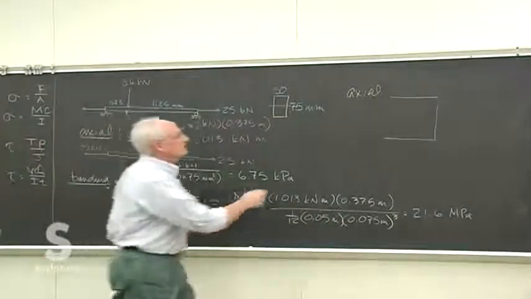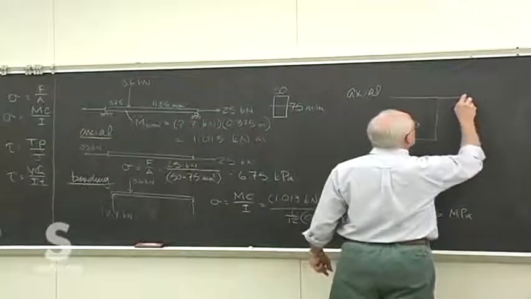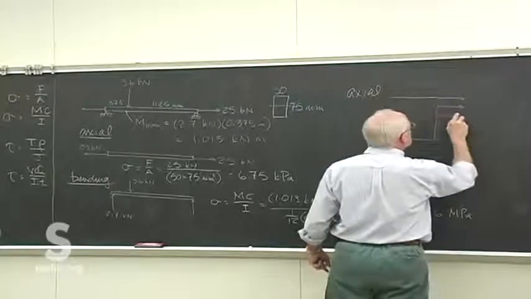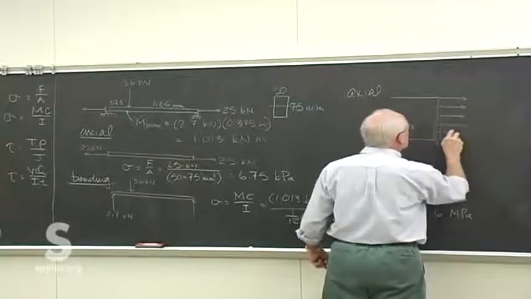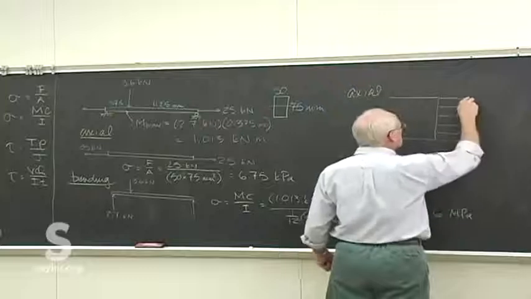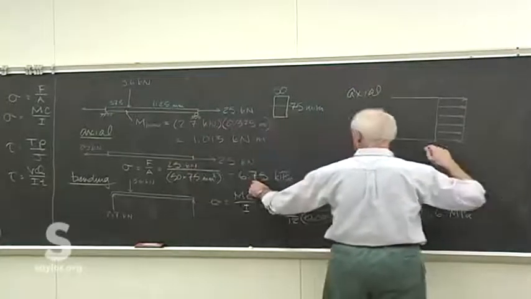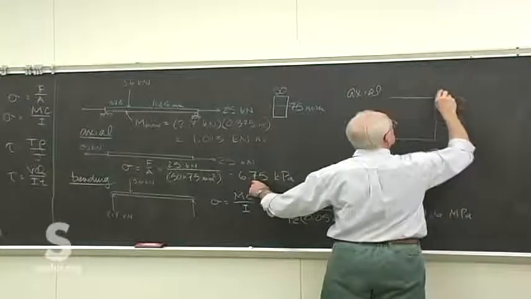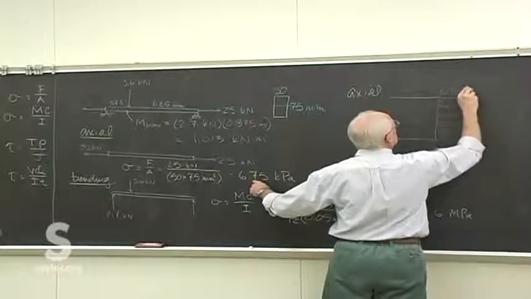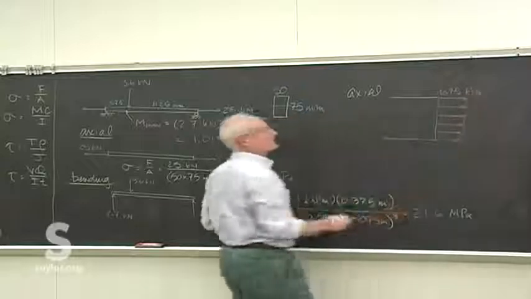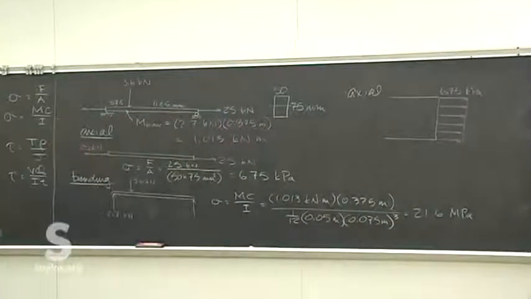It's in tension all across the beam, and we're looking at the average, so it's uniform, and that's the 6.75 kilopascals. That's just the axial effect alone.